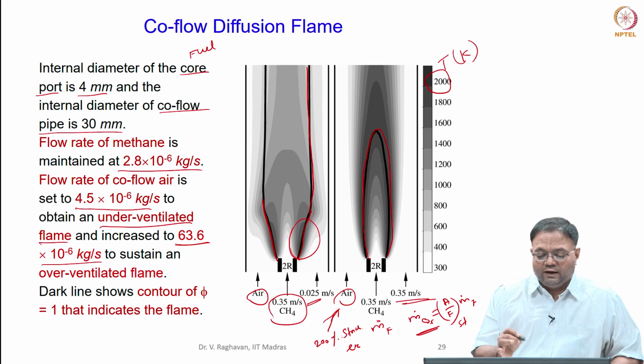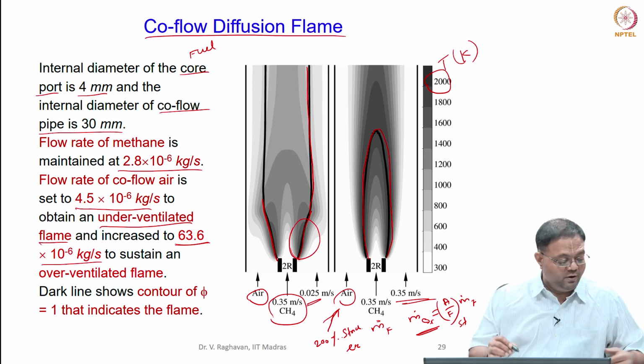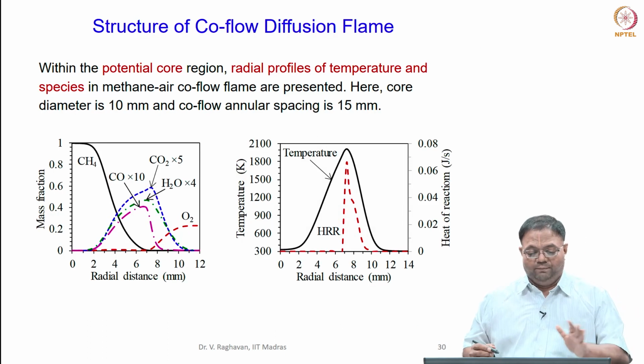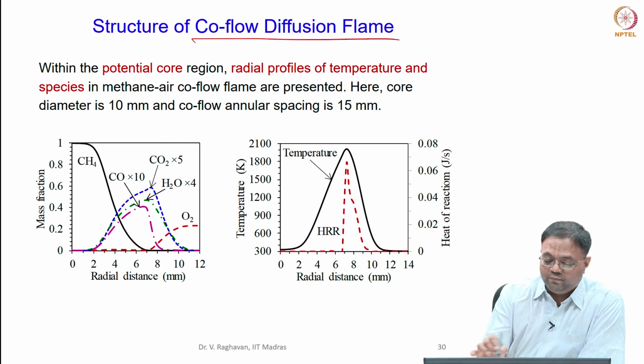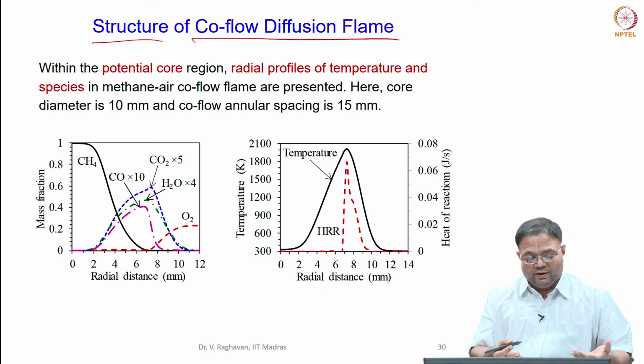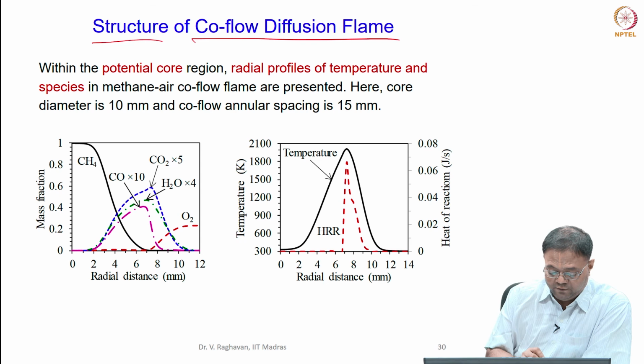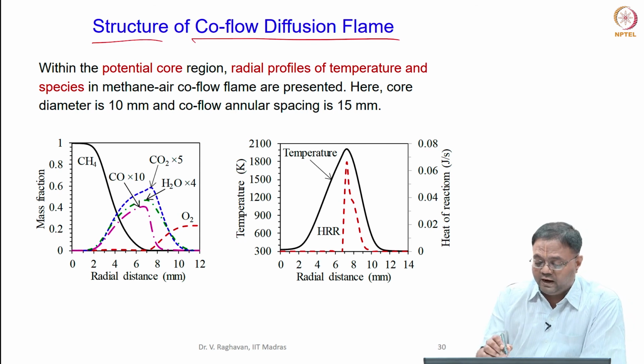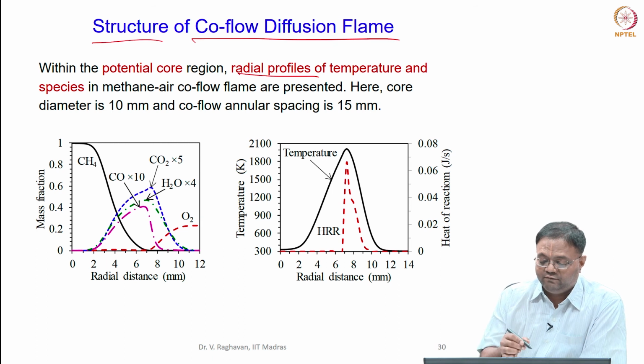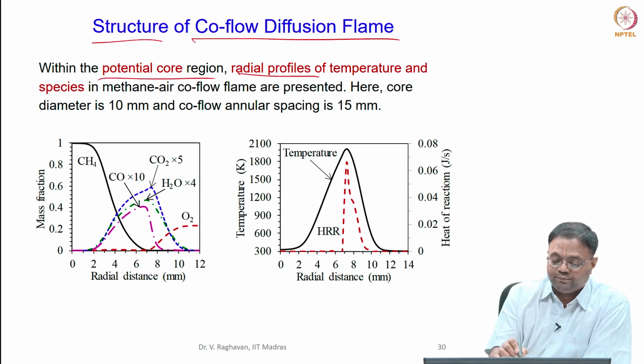So this is the characteristics of a co-flow diffusion flame, and now we will see the structure of the flame. The structure of a co-flow diffusion flame is given here, again from numerical results. These radial profiles are extracted within the potential core region of the jet.